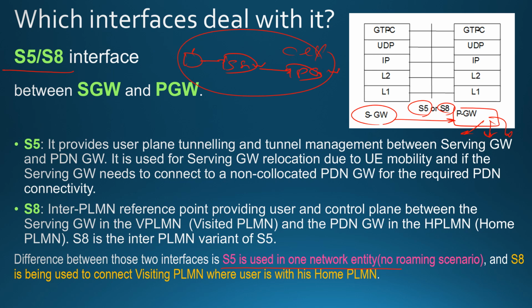But in roaming, when your mobile wants to connect from SGW to the PGW of the home network, and the SGW is in another cell, for example in the visited PLMN, the connection to the PGW from the home PLMN can be done by the S8 interface, but here it was S5.